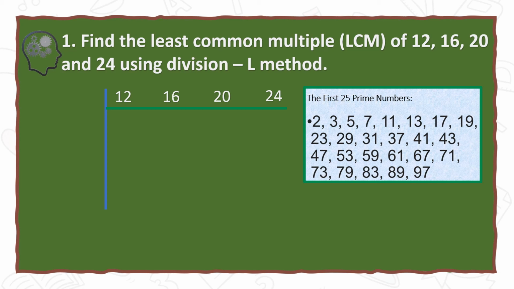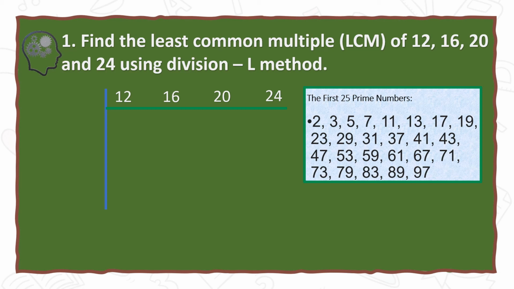Again, 12 divided by 2, 6. 2 is the divisor. So later, we are going to know what number is divisible into 12, 16, 20, and 24. Specifically, what prime number is it?